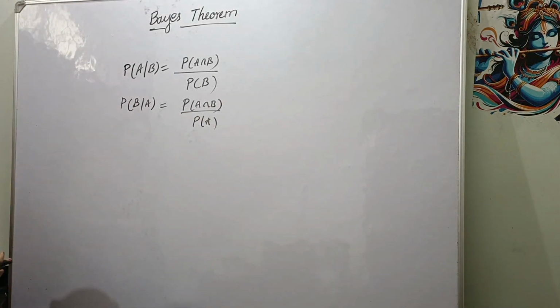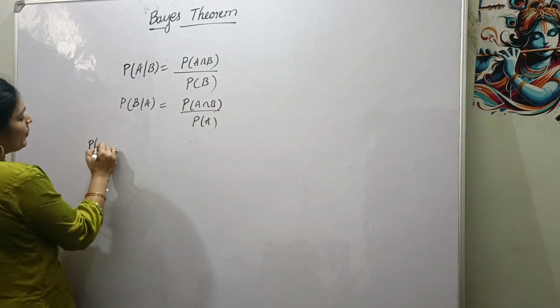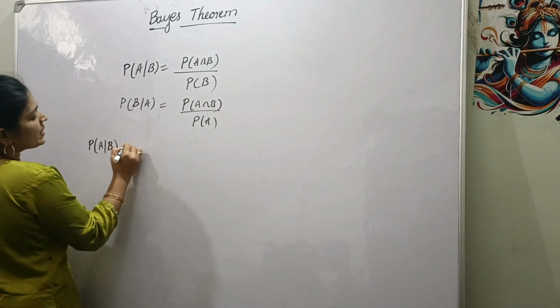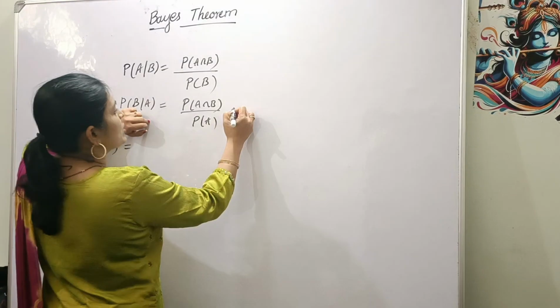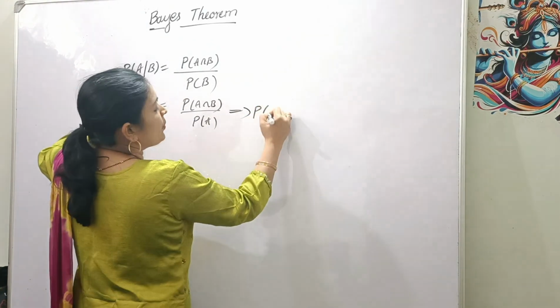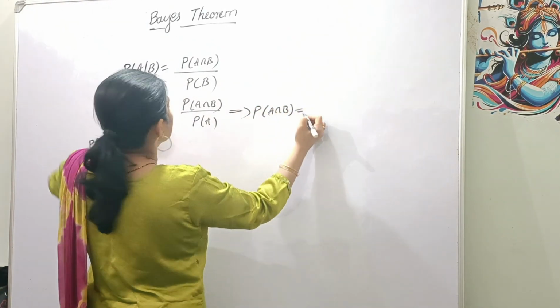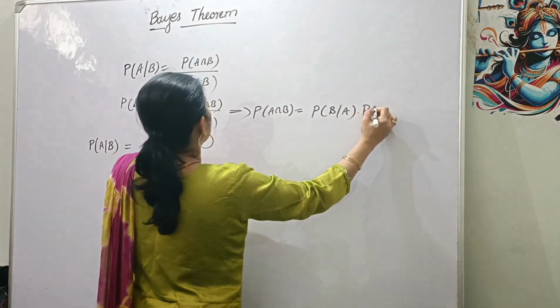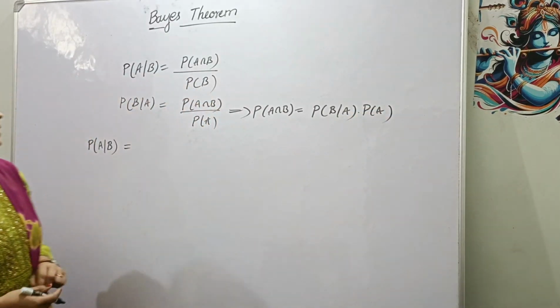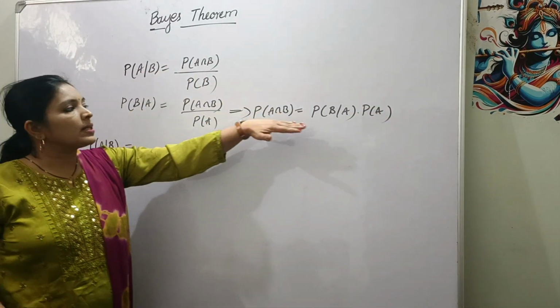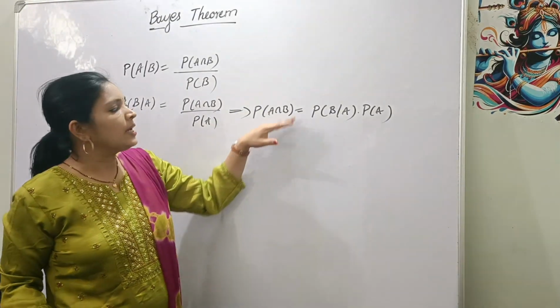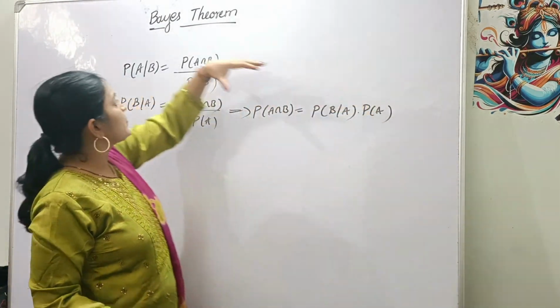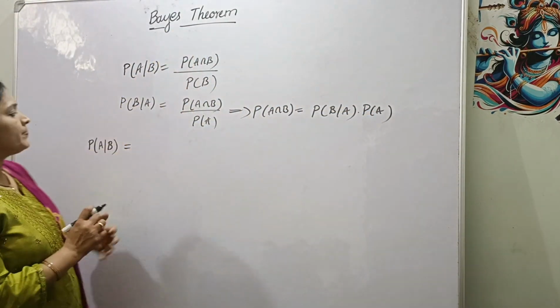Now rewrite these equations. From this equation we get probability of A intersection B is equal to probability of B given A into probability of A. Now let's substitute this expression for probability of A intersection B in the first equation.